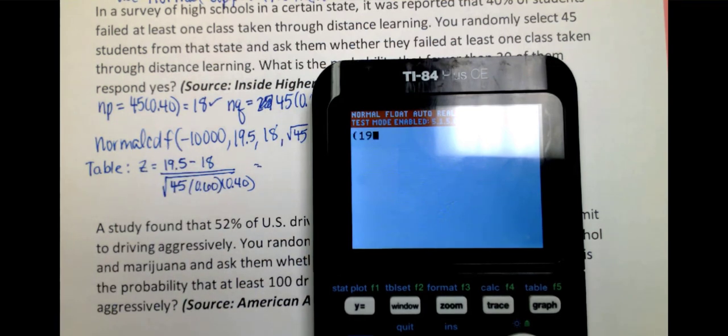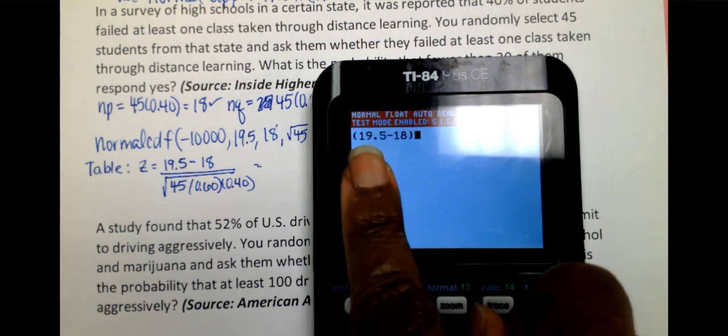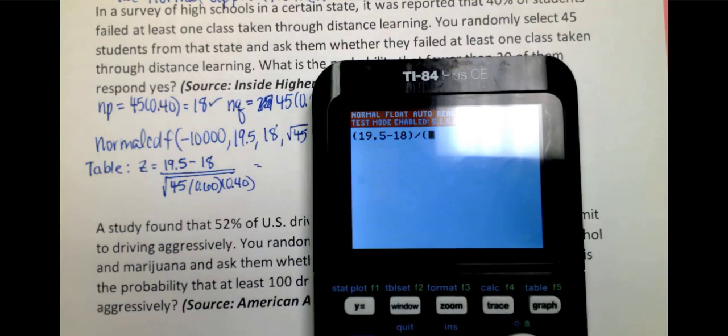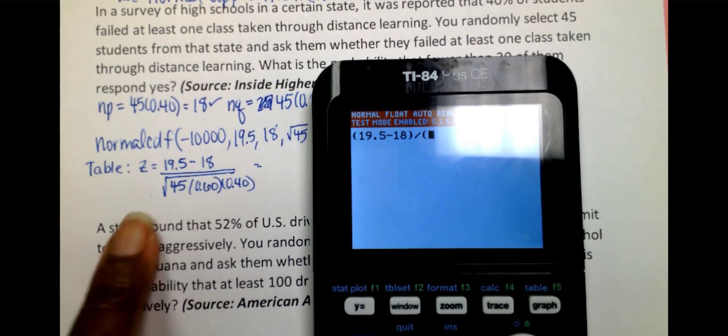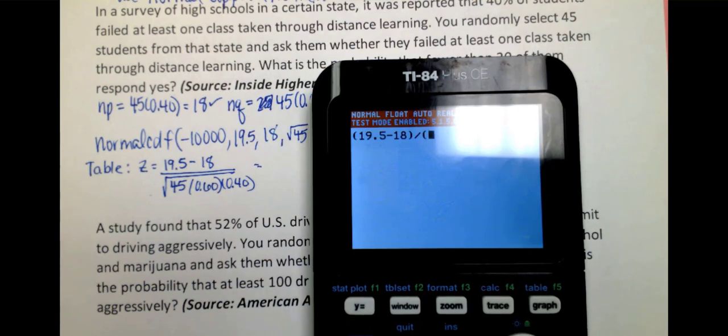So I'm going to put it in all at once. So I'm going to put parentheses around my numerator, divided by. You can do the one part and then the other part, but I'm going to try to do this all at once. It's 45 times 0.60 times 0.40.